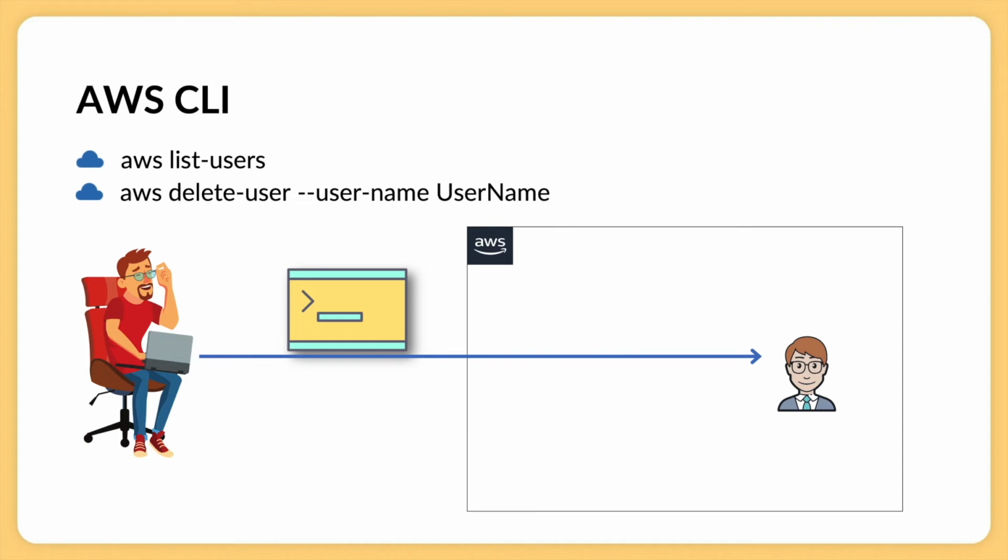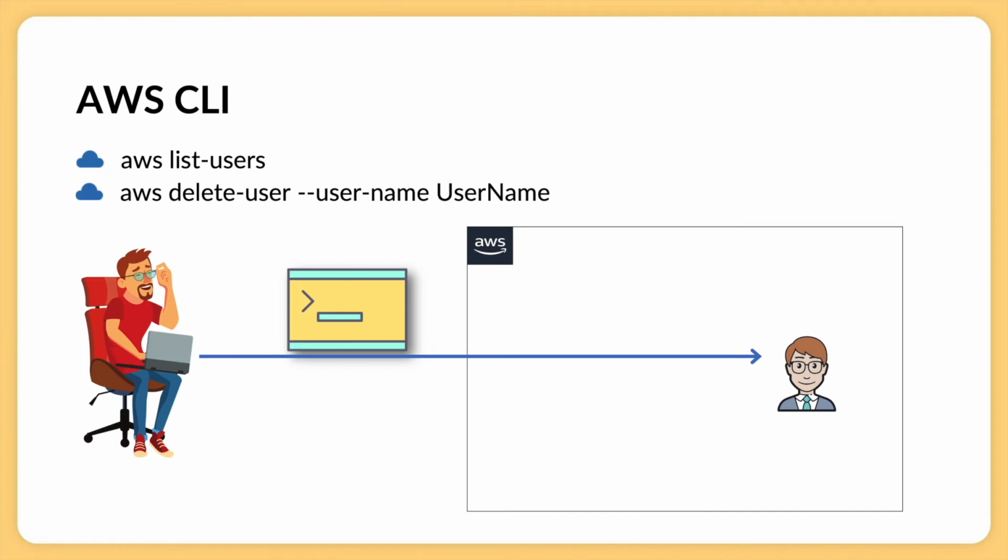To access AWS through CLI, you need to authenticate yourself just like in AWS Management Console. But here, instead of using username and password, you will have to provide access and secret key. Access key acts like username and secret key is your password.